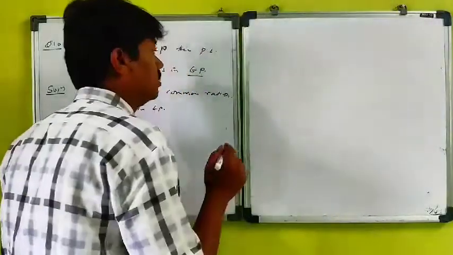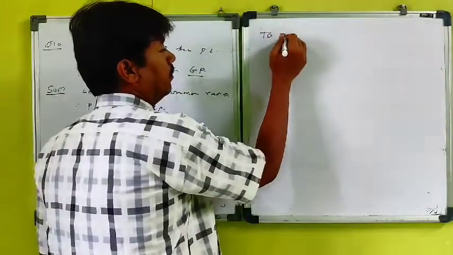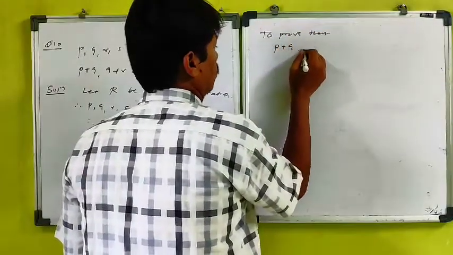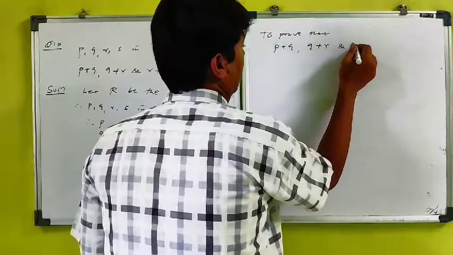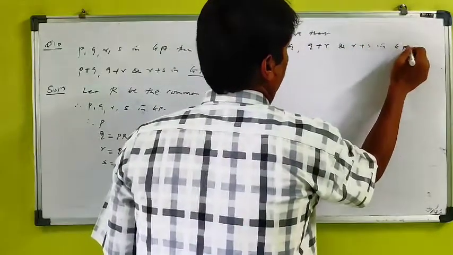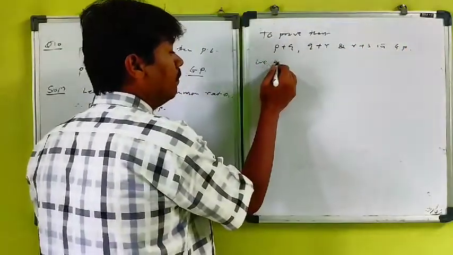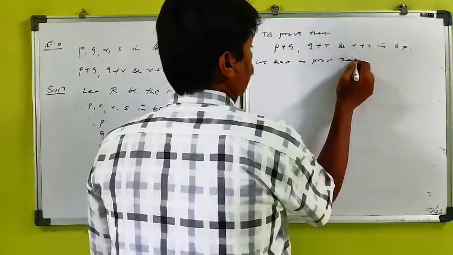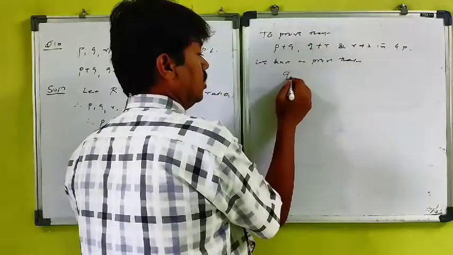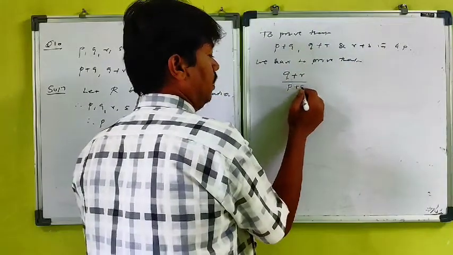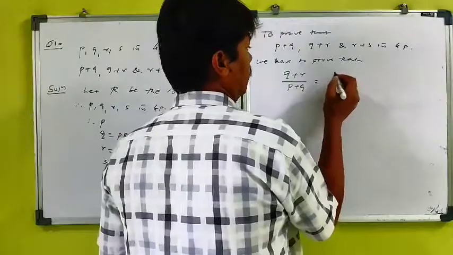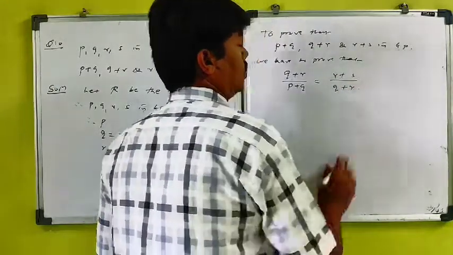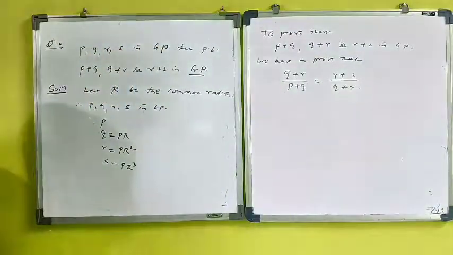Now to prove that P plus Q, Q plus R and R plus S are in GP, we have to prove that Q plus R upon P plus Q is equal to R plus S upon Q plus R. So this we have to prove.